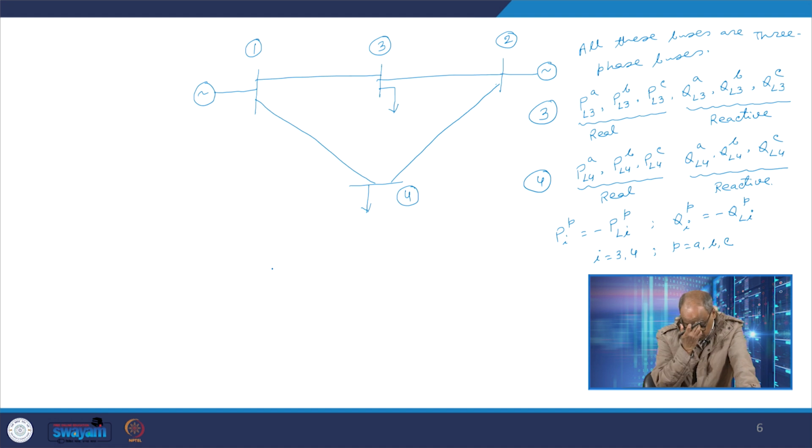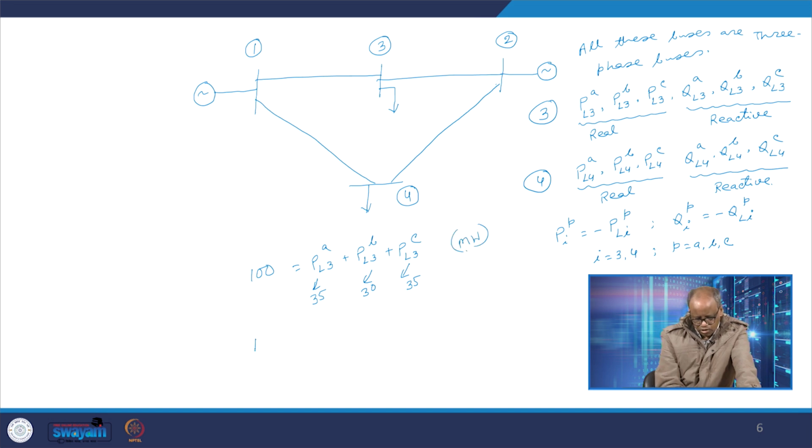So 100 is equal to PL3A plus PL3B plus PL3C; let us say this is 35, this is 30, this is again 35, all in megawatt.